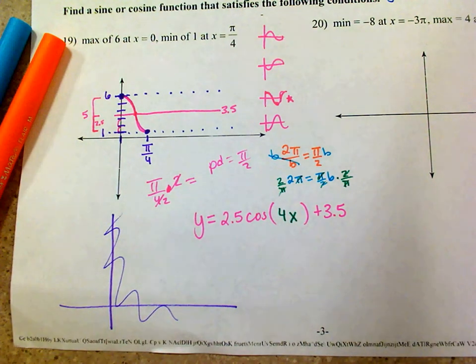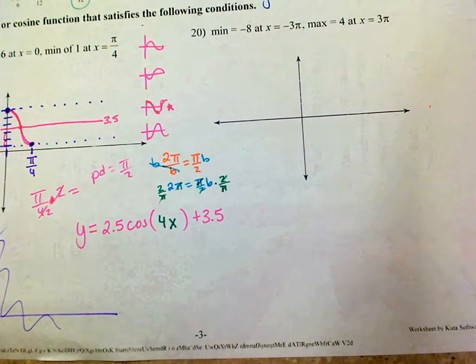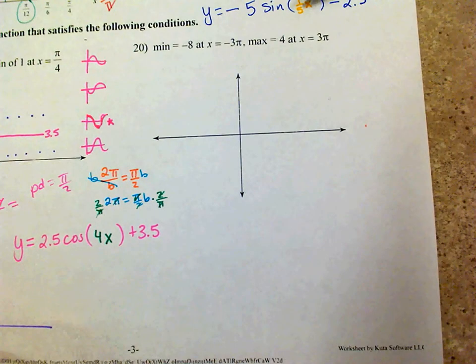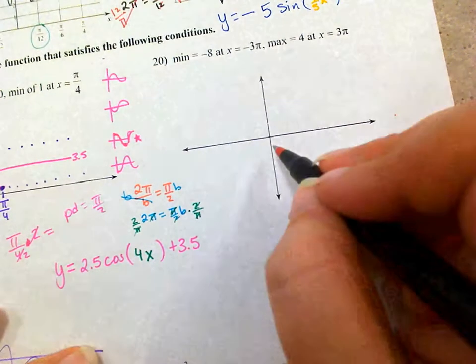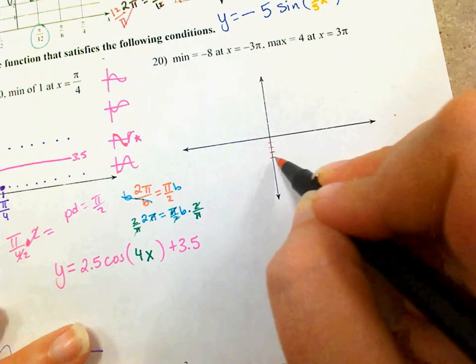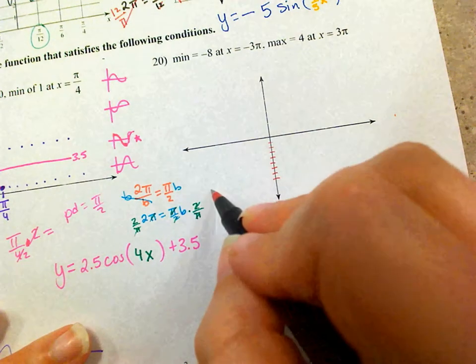On the next one, I give you a minimum of negative 8 at negative 3 pi. So 1, 2, 3, 4, 5, 6, 7, 8. And that is going to be at negative 3 pi, so I'm going to label negative 3 pi minimum.